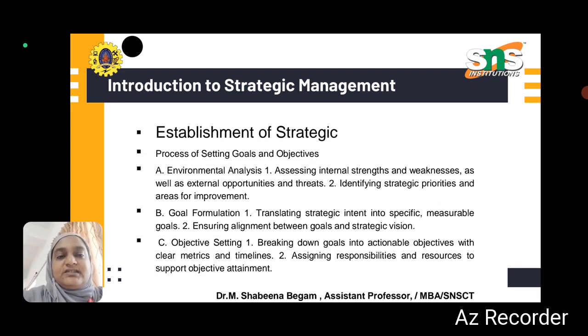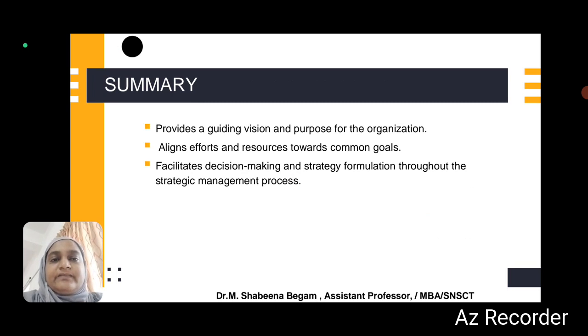Establishment of strategic intent. Here we are going to talk about the process of setting goals and objectives and how we could make it easily. We have to do environmental analysis, goal formulation, proper objective setting, and so on. So when we have discussed so much, we are going to have a summary of it.